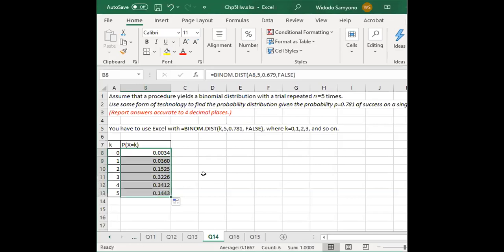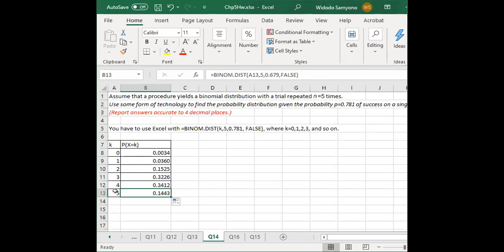So this automatically will copy the rest. You can see there's a change now, the probability is 0.679. This one also 0.679. This is the same thing, right? This I put false because you're looking for exactly x equal to k.